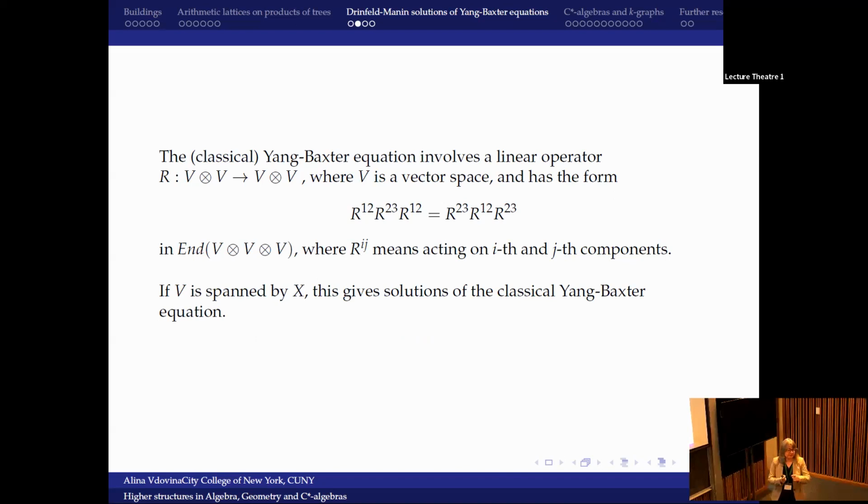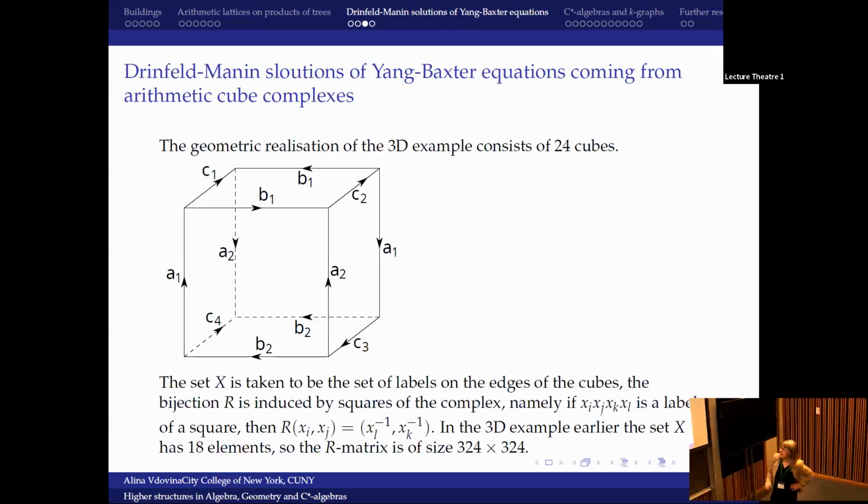If you have a set theoretic solution, you have the indices for your set X, and then you just index the basis elements of the vector spaces by those set theoretic solutions. You just span it.